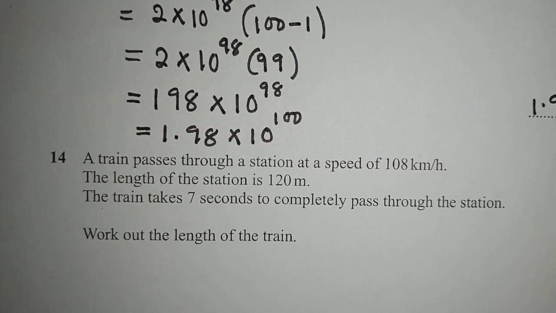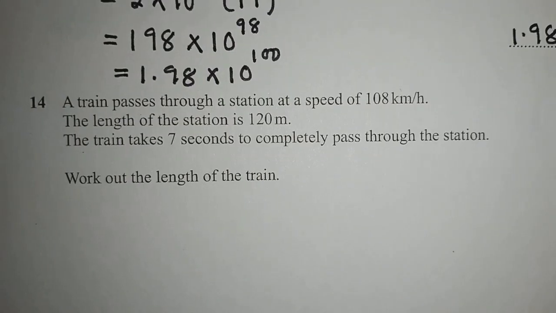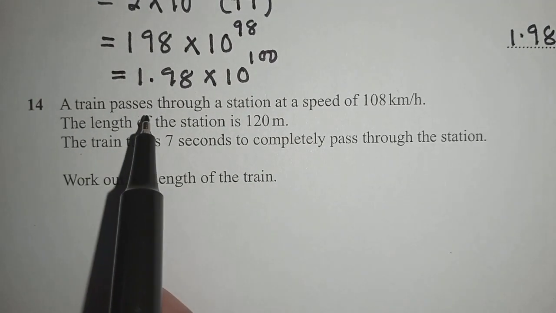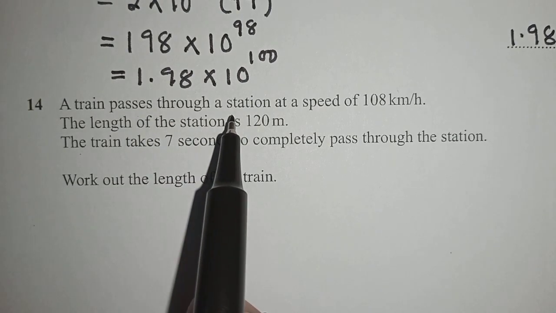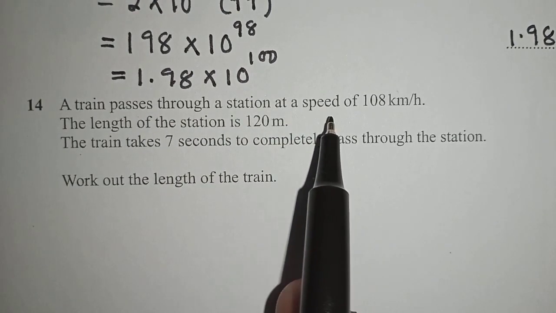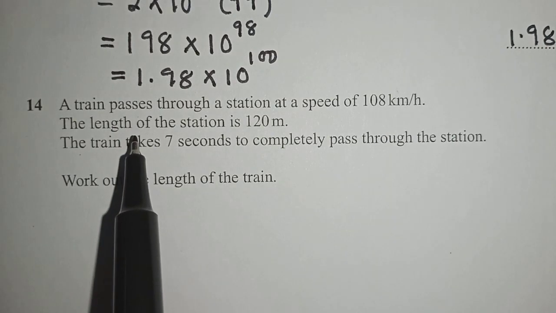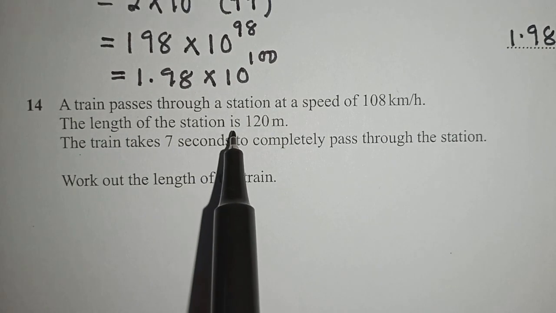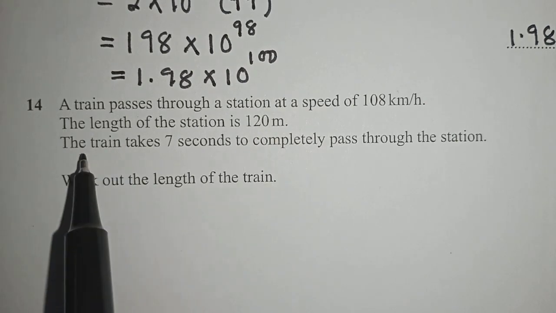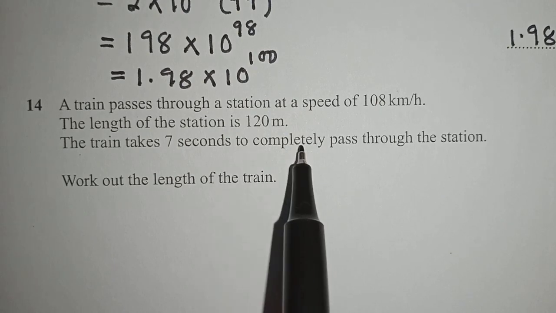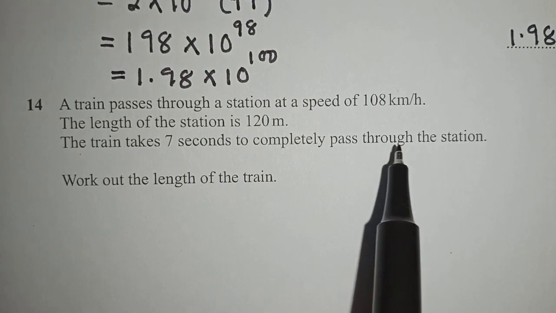So the next question here. For question 14, a train passes through a station at a speed of 108 kilometers per hour. The length of the station is 120 meters. The train takes 7 seconds to completely pass through the station.